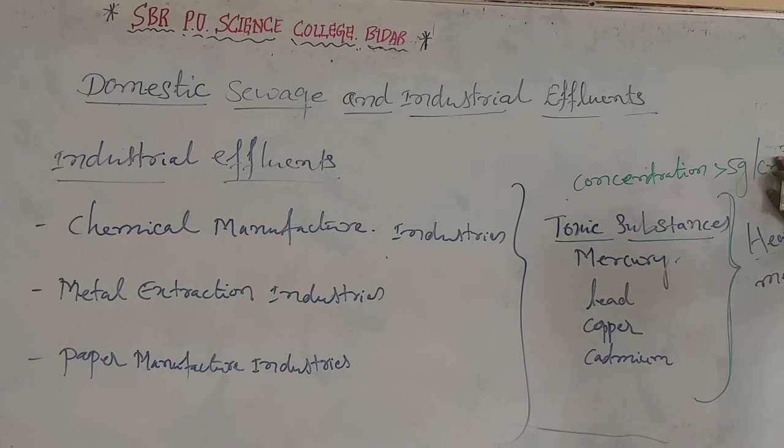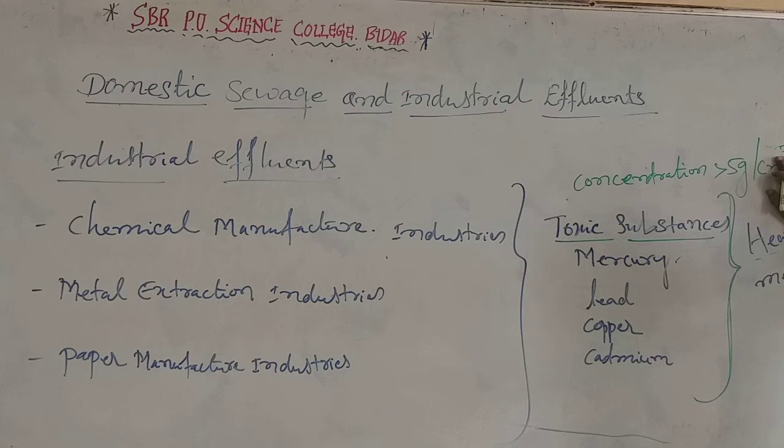So how are heavy metals coming? They are coming from the industries. Industries are also one of the major contributors to sewage. So they are also creating the sewage, and that sewage is polluting the water system.